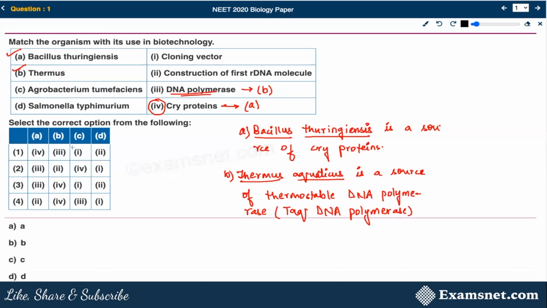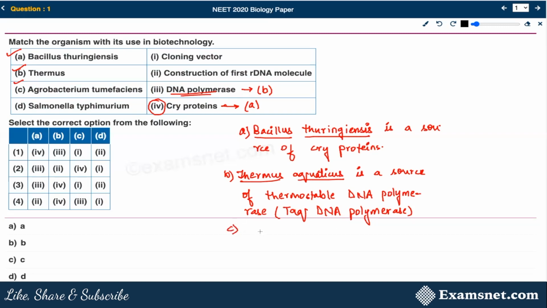Now, the third category is Agrobacterium tumefaciens. Again, this is a very common bacterium, which is prominently used as a cloning vector. It is used in biotechnology for transferring genetic material, the DNA, from its own cell into the recombinant cell.